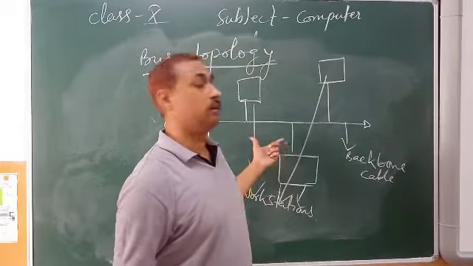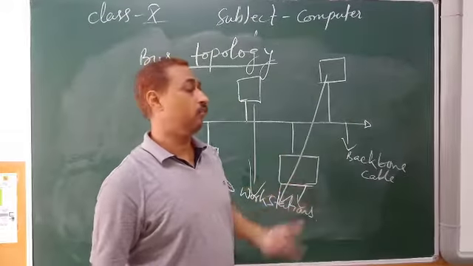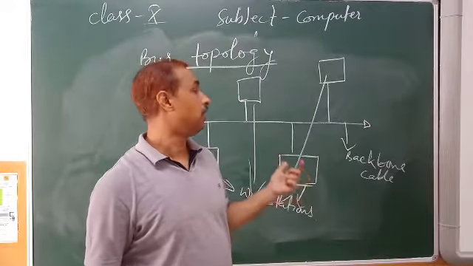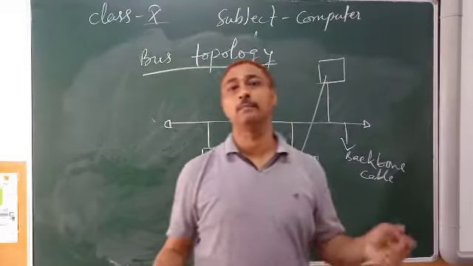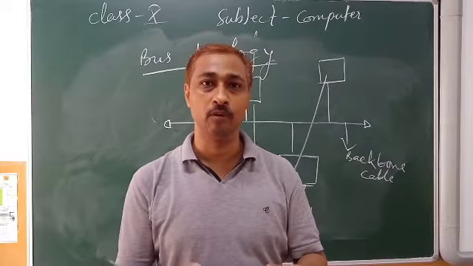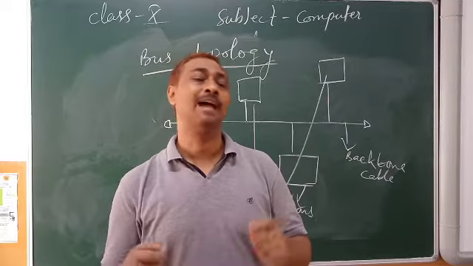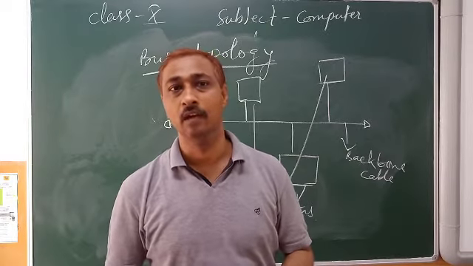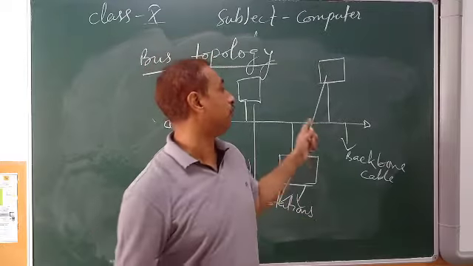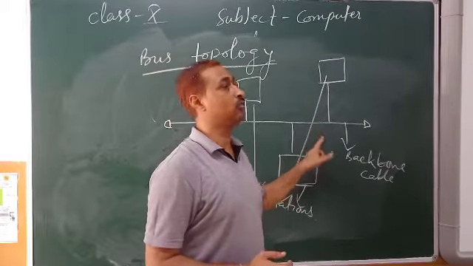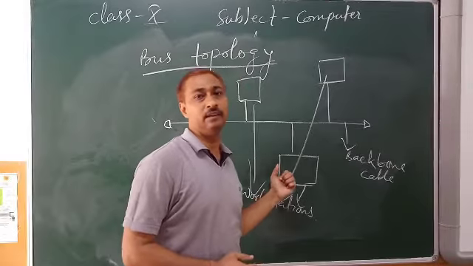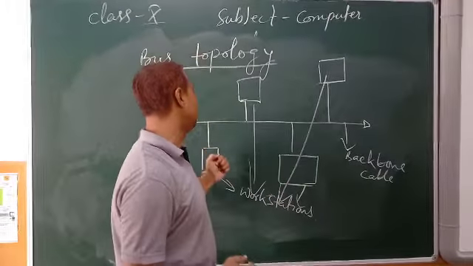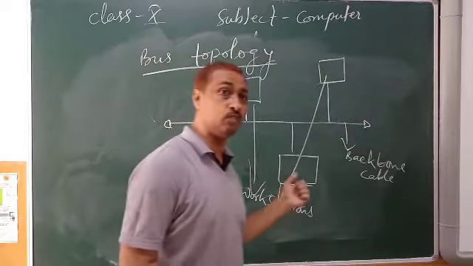This topology should be used only when you have a minimum of 4 or 5 computers and a maximum of 10 computers to connect in a network. Then only we go for this one because it is very easy to implement. The advantage of this topology is that it is very easy to implement.